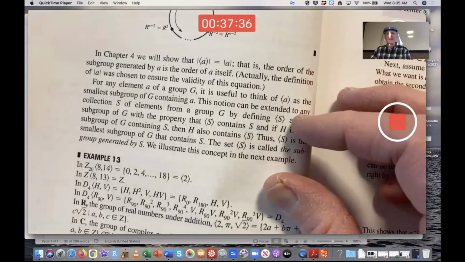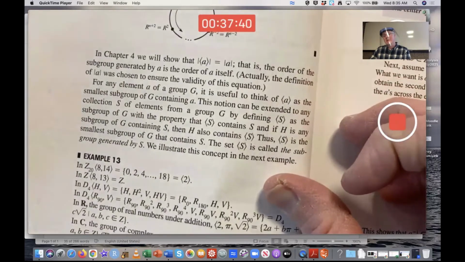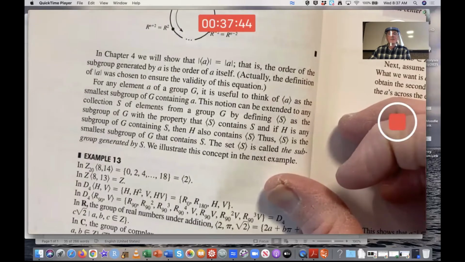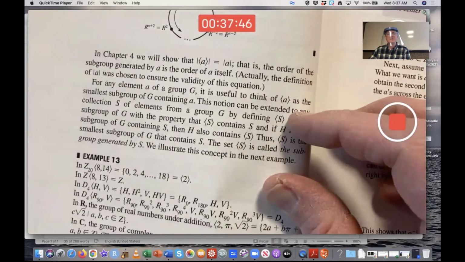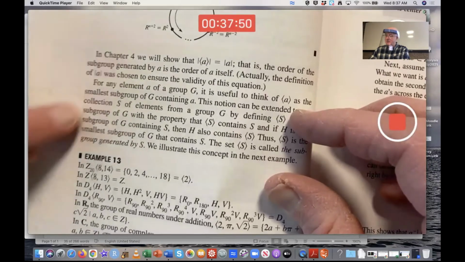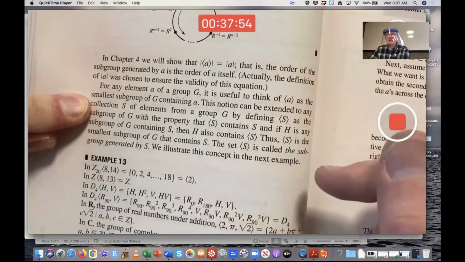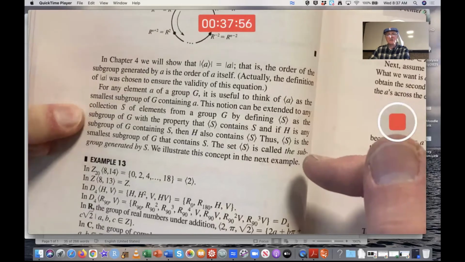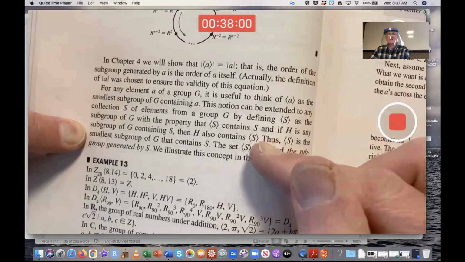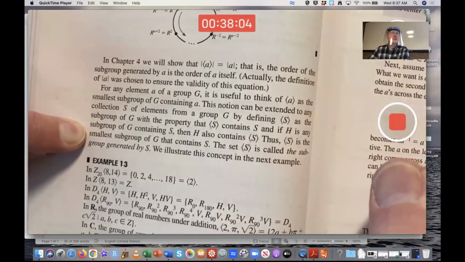But in general, if you have a set S that may have one element, two, three, or infinitely many elements, this notation by definition represents a subgroup of G. It's easiest to think of it as the smallest subgroup of G that contains S. You'd call this the subgroup generated by S. Will it be cyclic? Maybe, maybe not.